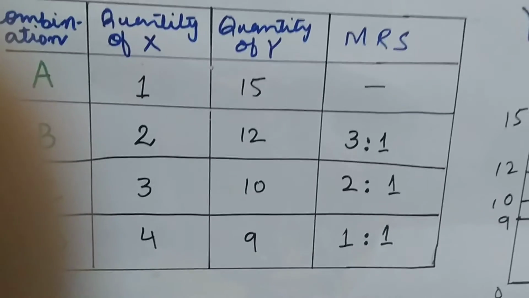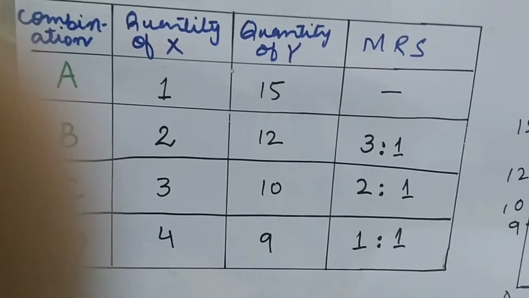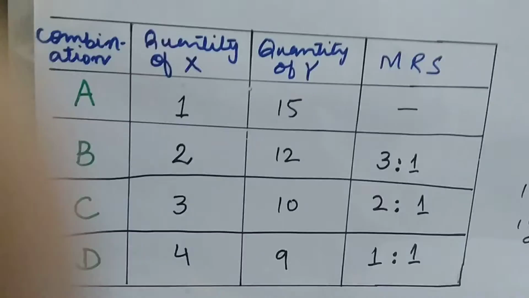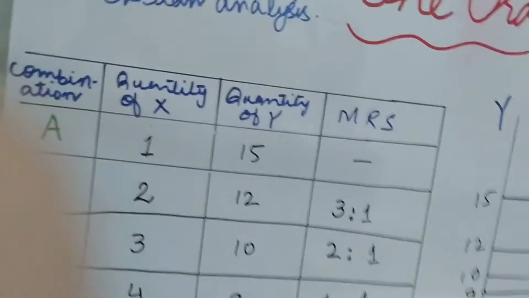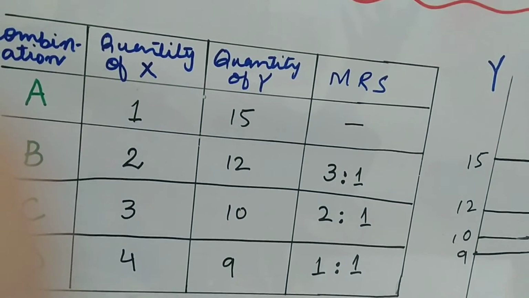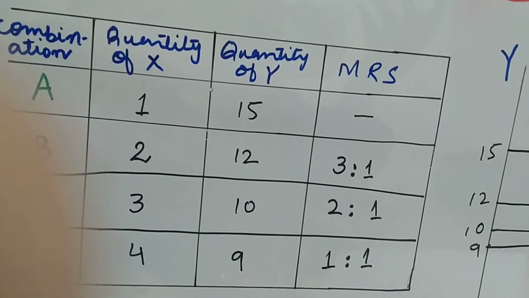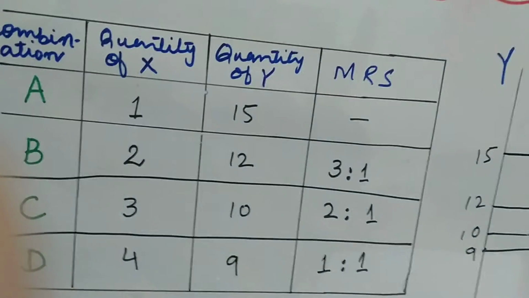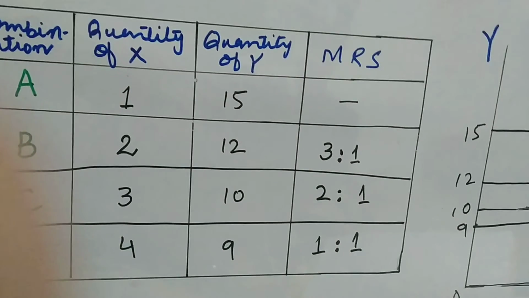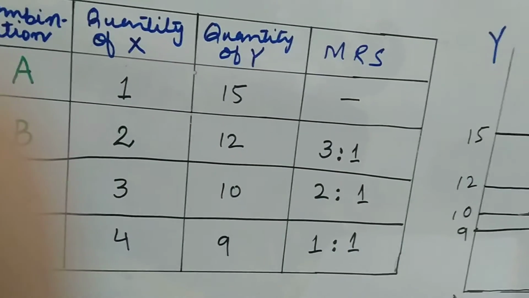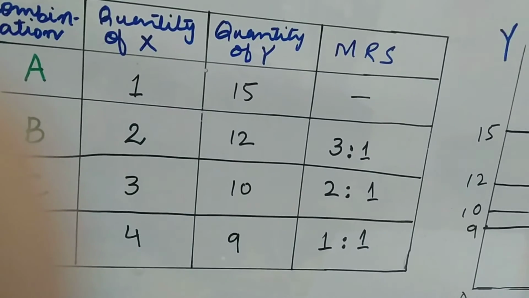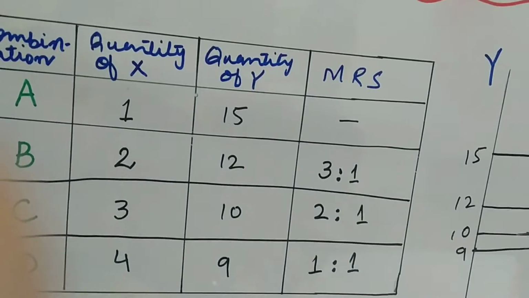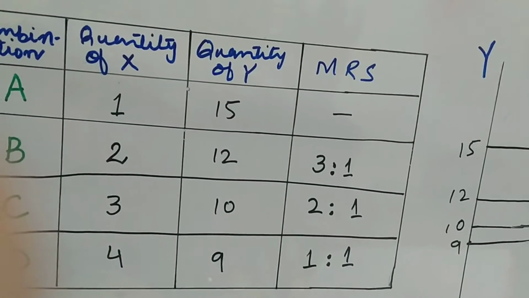Suppose the name of commodity X is apple and the name of commodity Y is banana. In the first combination, we take 1 apple and 15 bananas. Now, as we are human beings and get bored of a certain combination, let's change the quantities.